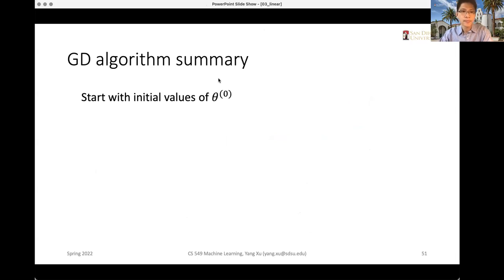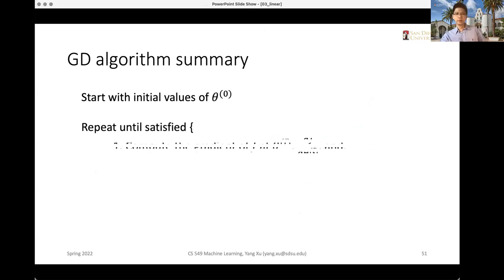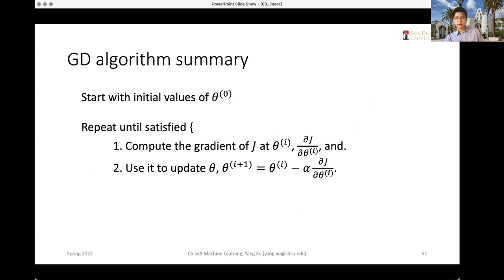All right, so let's summarize the gradient descent algorithm a little bit. We simply start with initial values, and we repeat the step of computing the gradients for each step, and use it to update the parameters.